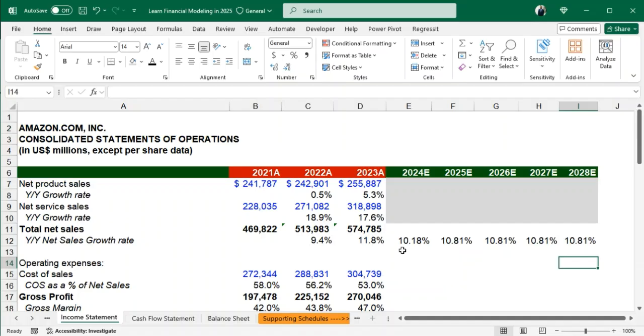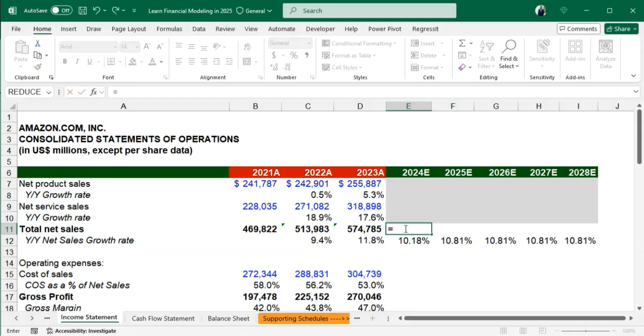I hope you get it. So how do we then calculate our estimated revenue? To project our revenue, it is going to be equal to the previous year's, 2023, revenue multiplied by, I'll open my bracket, 1 plus the percentage growth rate, close my parentheses and hit enter.